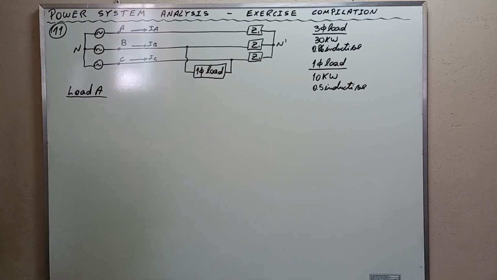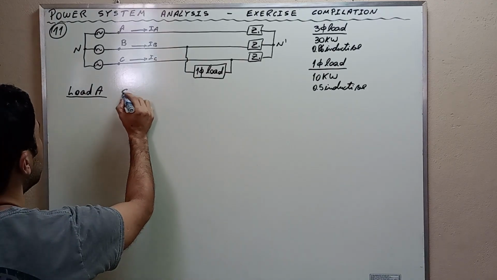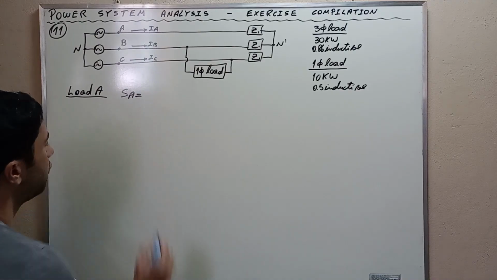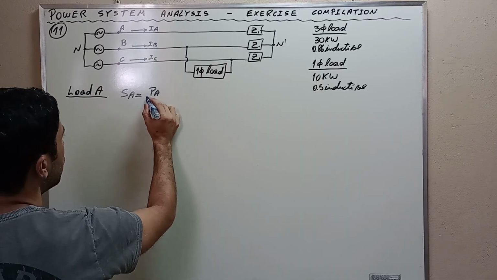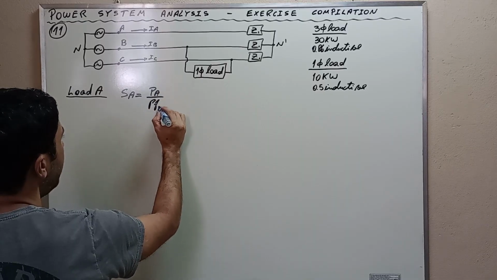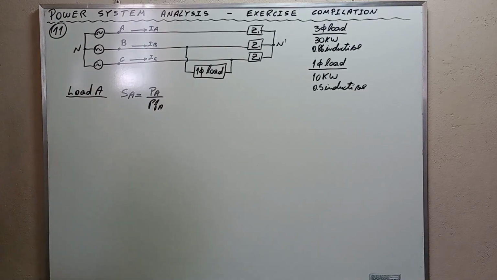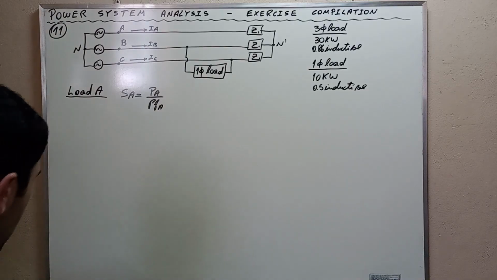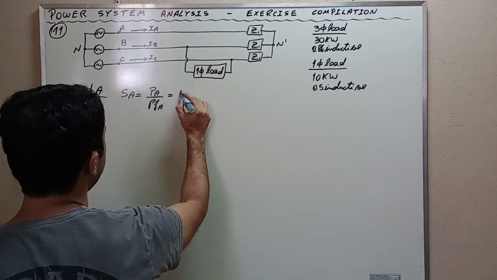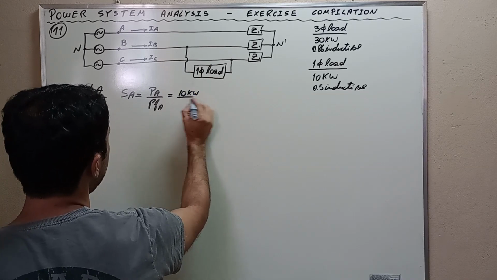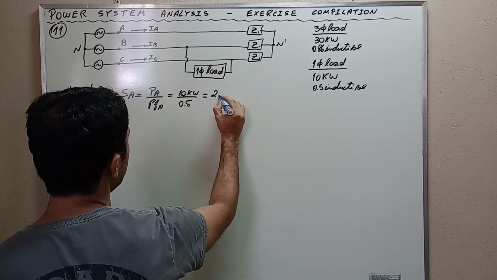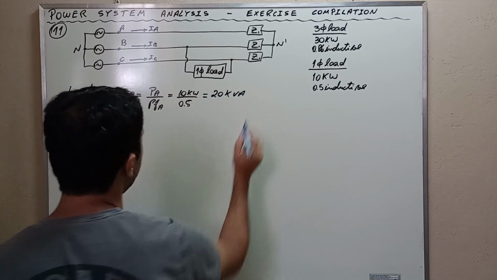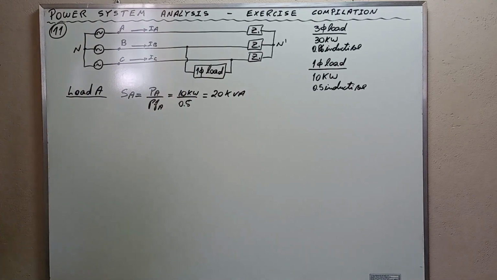Okay, the apparent power of load A is equal to the real power of load A divided by the power factor of load A. Substituting the values, it is 10 kilowatts divided by 0.5, and this is equal to 20 kVA. This is the apparent power of load A, the single-phase load.